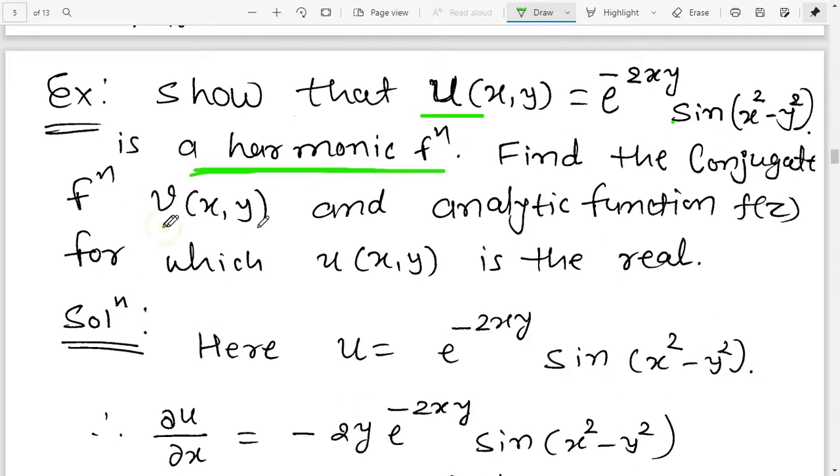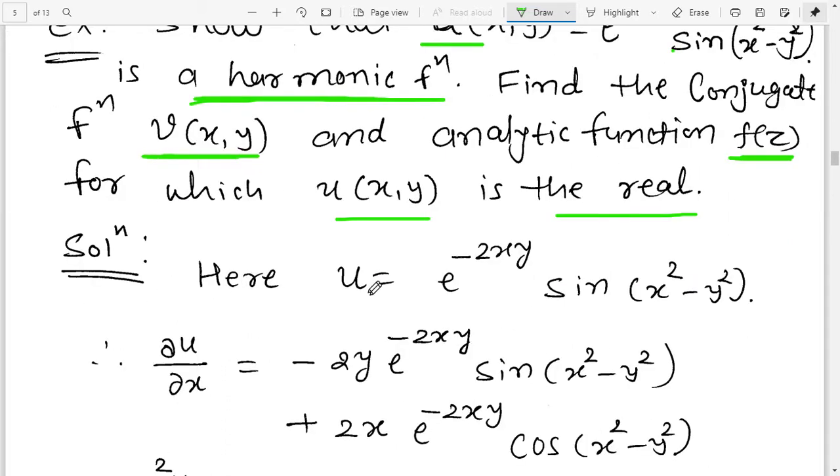Second, find the harmonic conjugate function v and the analytic function f of z for which u is the real part. We are given the real part of the analytic function. First we show u is harmonic, and second find the harmonic conjugate v, and then we get the analytic function f of z. So we see the solution here. u is equal to e raised to minus 2xy sine of x square minus y square.